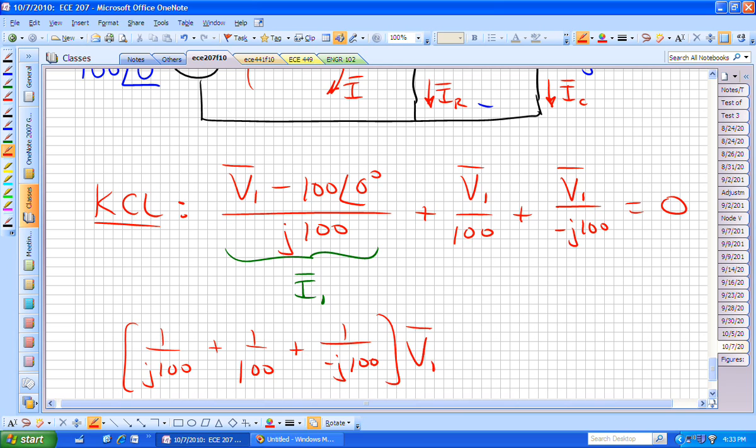Those are all scaling V sub 1, and I'm going to pull this piece and move it to the other side. When I do that, that minus sign is gone, and I have 100 at 0 degrees all over j100.